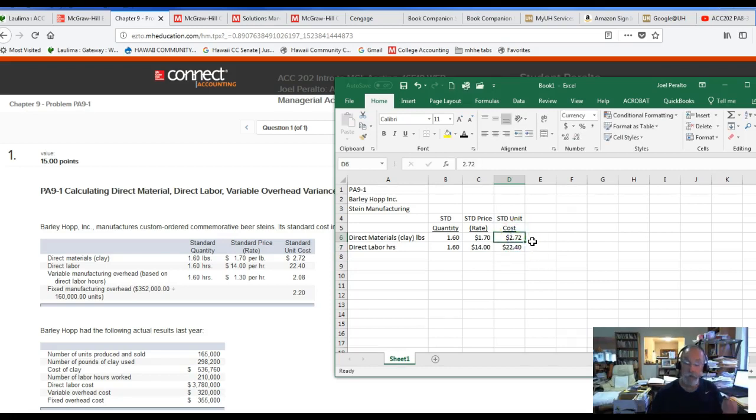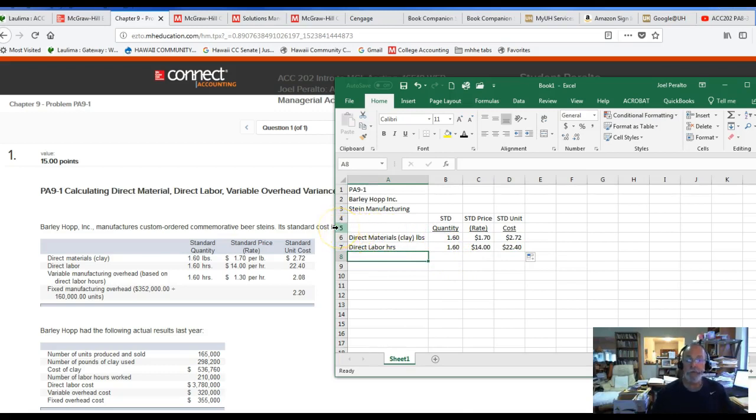And actually what we ought to do here, instead of using a number, is just do a calculation. That's probably better. 272, 22.40. Okay, so now we've got a formula there. That's better.